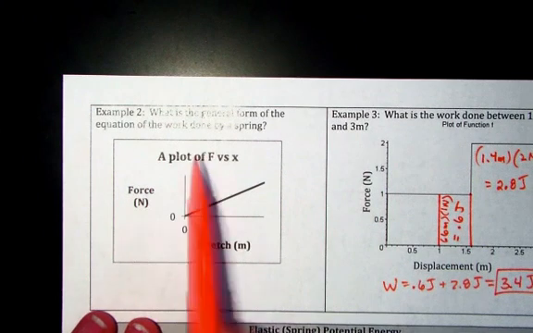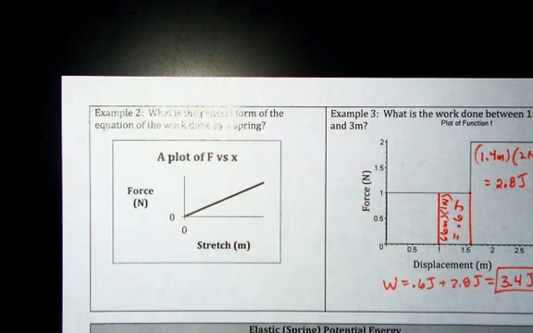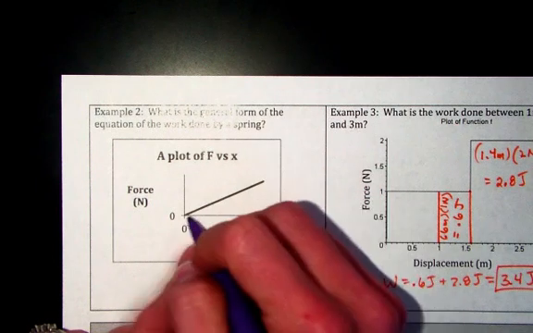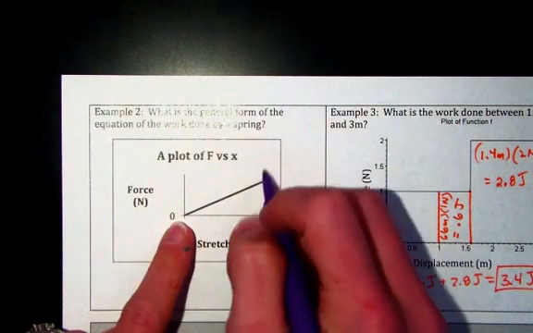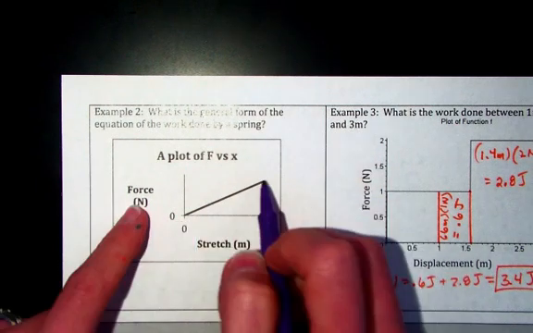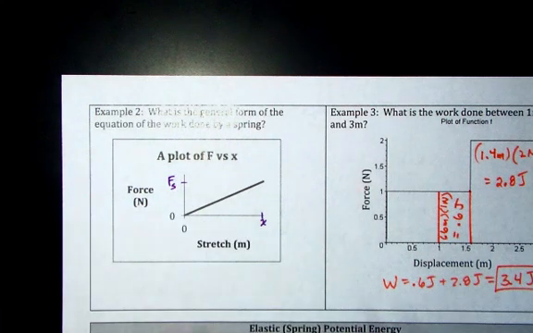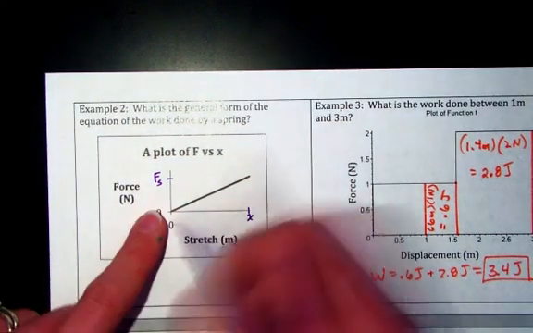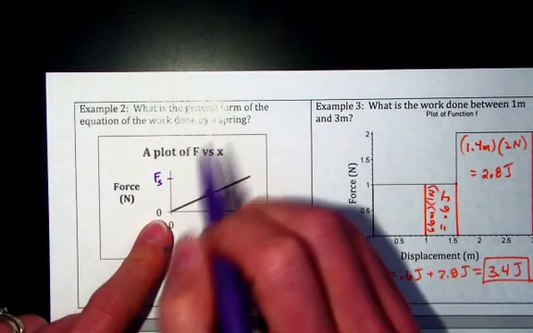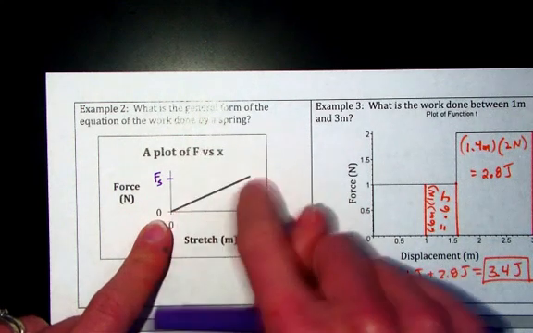And we want to get the work now done by a spring here in example number 2. So here's the thing. I have this graph coming over here. We're going to call this spot x. We're going to call this spot the spring force. Okay, so all of these are the spring forces, but that's okay. So I would like the equation for this line right here.